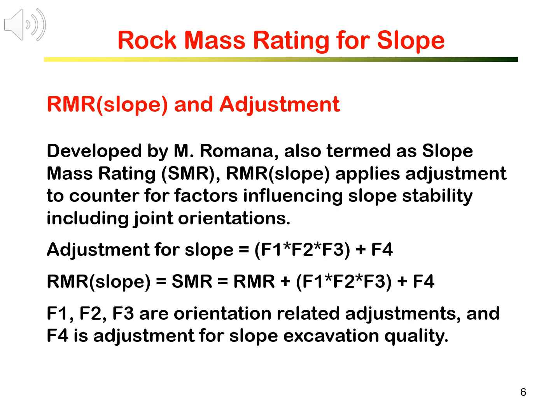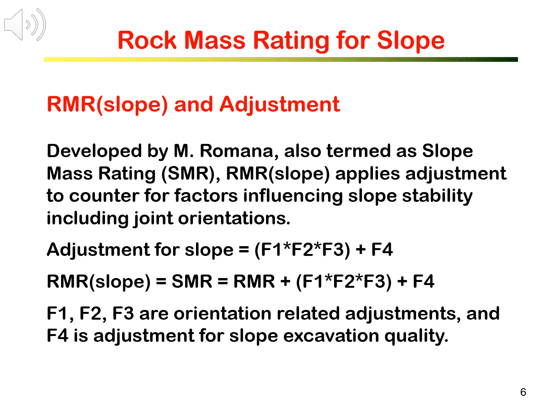The adjustments are accounting for several factors influencing rock slope stability. Joint orientations in relation to the slope orientation are the main contributing factors in the adjustment. Slope failure by plane and wedge sliding, as well as toppling failure, are considered, as we will see below.